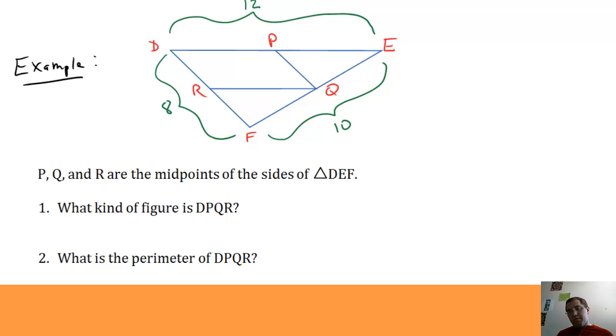Well, by the theorems we've just shown and proven, if P is the midpoint of DE, then PQ cuts through the midpoints of DE and EF, so PQ must be parallel to DR. And similarly, since R and Q are the midpoints of those two sides, RQ must be parallel to DP. So DPQR is a parallelogram.